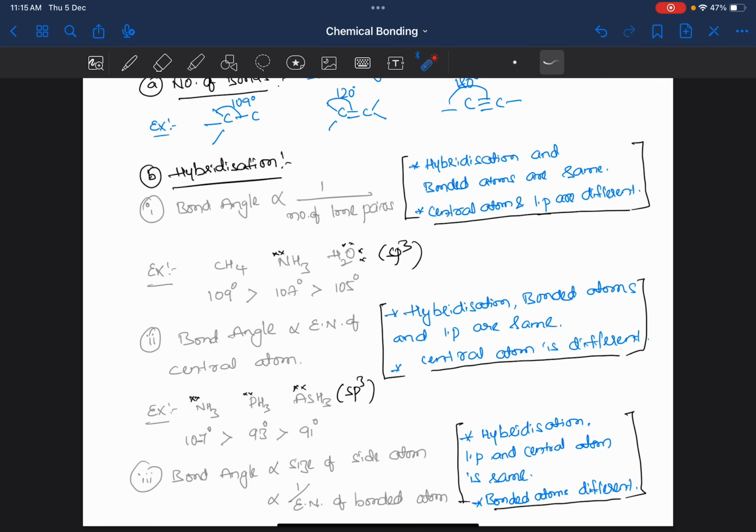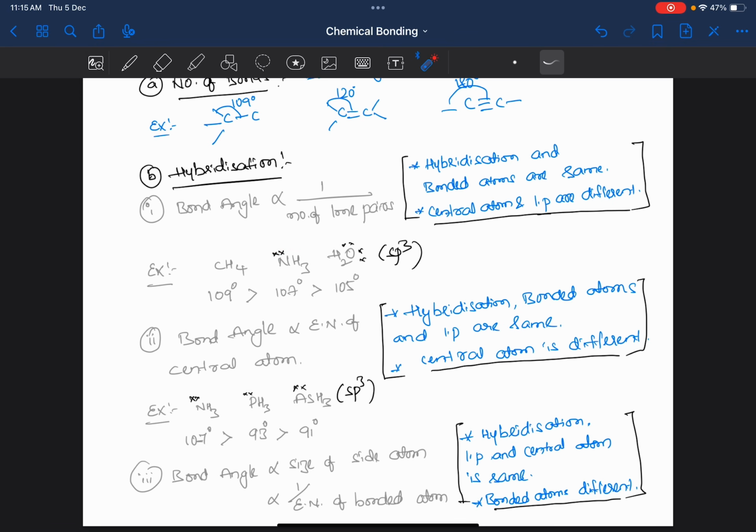Hybridization is the same. Bonded atoms are the same, which are hydrogens only. Bonded atoms means sidewise atoms. The central atom is different and lone pairs are different: no lone pairs, one lone pair, and two lone pairs.